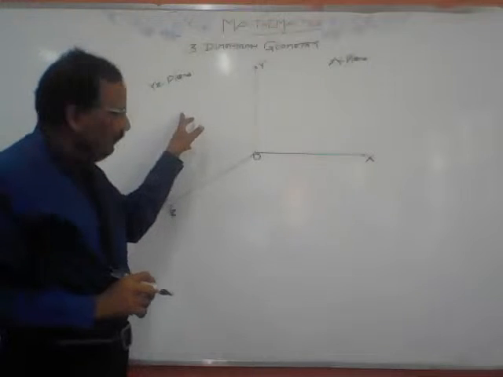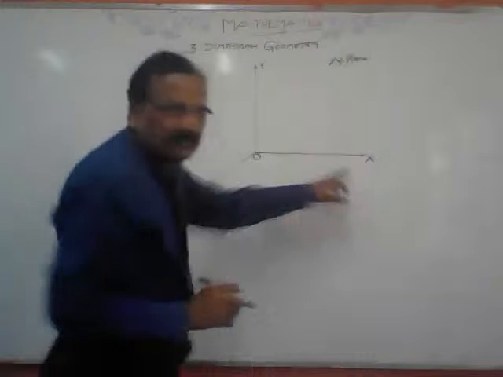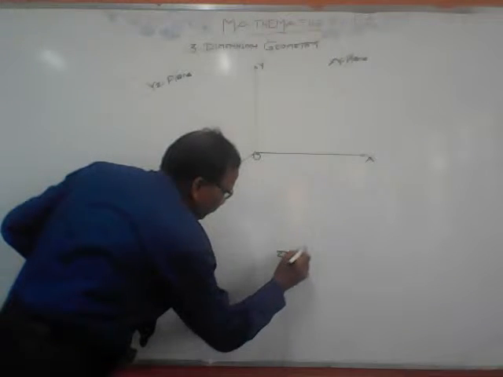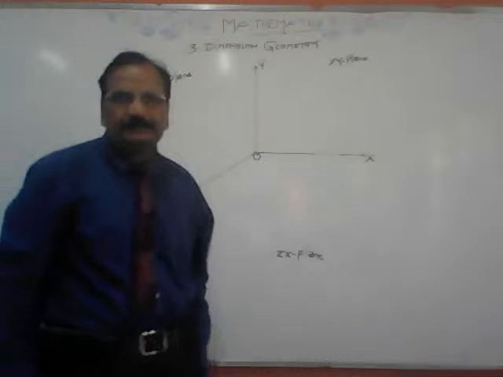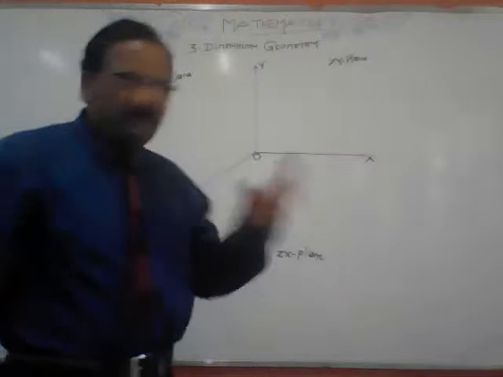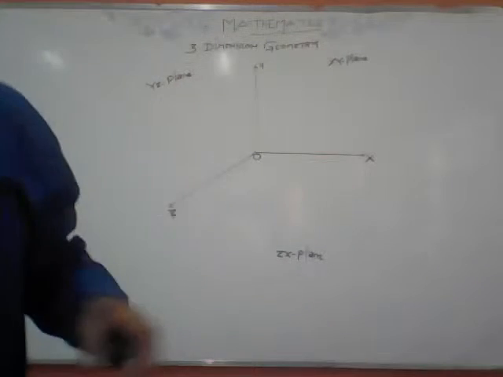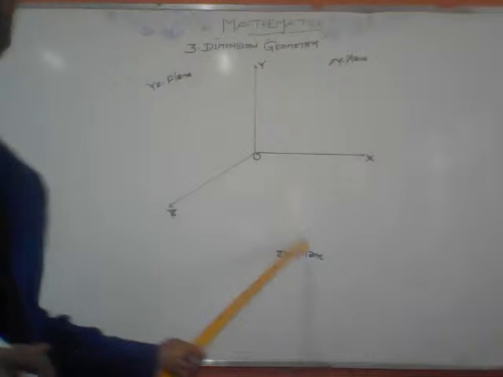And this is the Z and X, so this is called the ZX plane. Three planes: XY plane, YZ plane, and ZX plane.